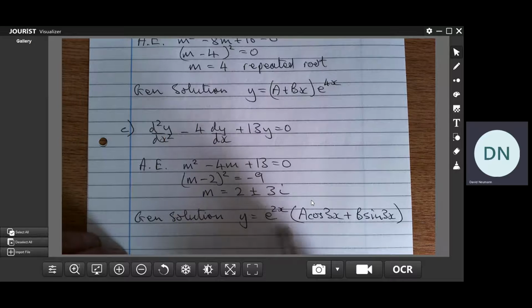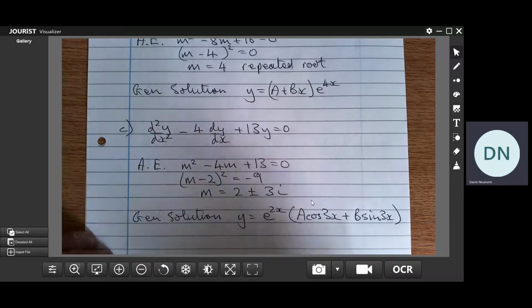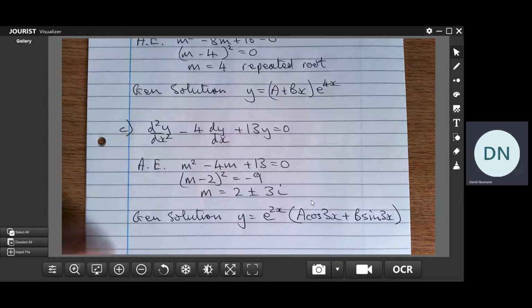Again, I suggest, and it's a little bit more complicated this time, finding the first and second derivatives, but just verify for yourself that it does satisfy that differential equation.